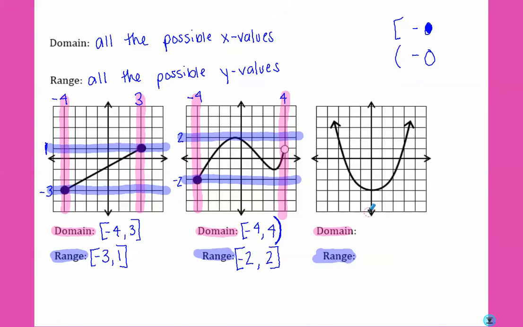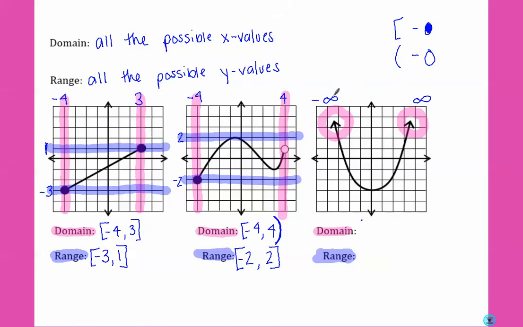In our third example, we have something a little different. We have some arrows. So this time we have an arrow on the left and an arrow on the right. Our symbols that we're going to use for this are going to be negative infinity and positive infinity because we're going forever to the left, and on our x values, which is the domain, the x values get more and more negative as we go left, and then positive infinity because we're going to keep getting more and more positive as we go to the right.